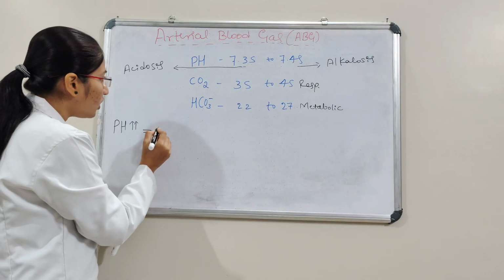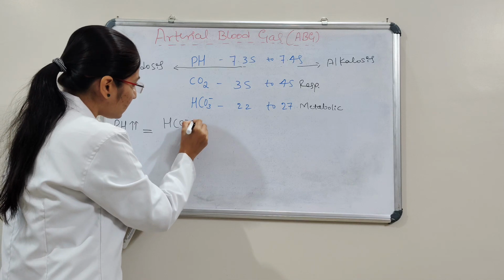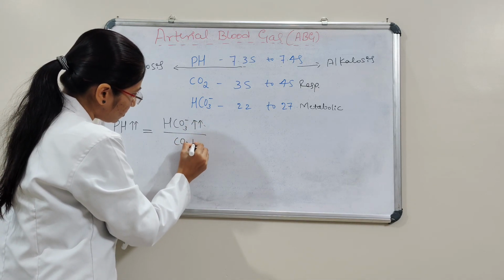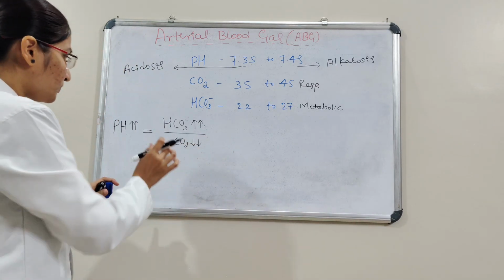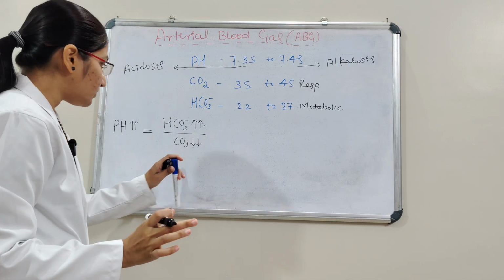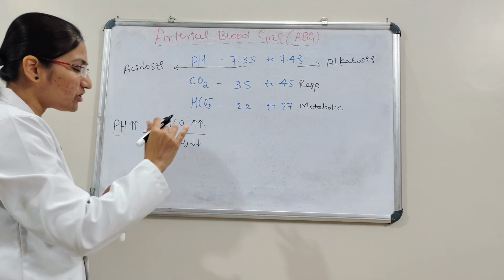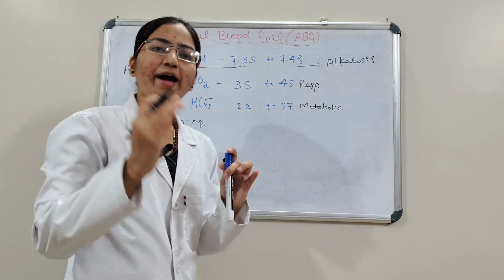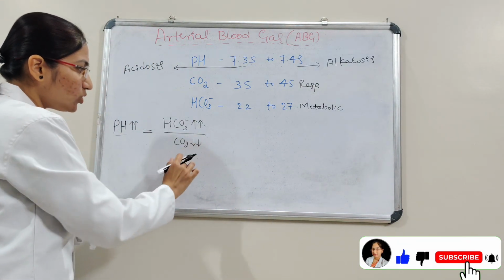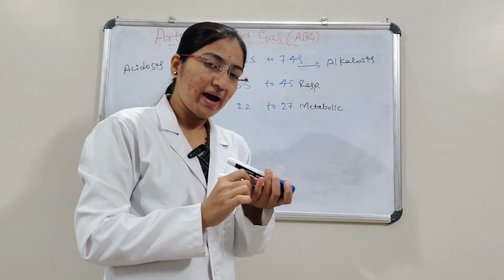When pH increases, the bicarbonate will increase and CO2 will decrease. Metabolic is equal, respiratory is not equal. If pH increases, automatically the level of bicarbonate increases and CO2 decreases.